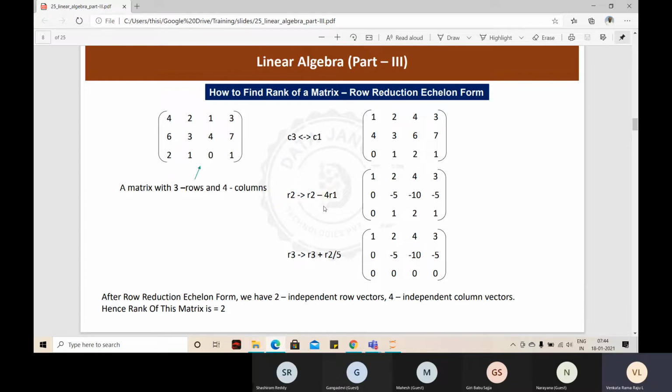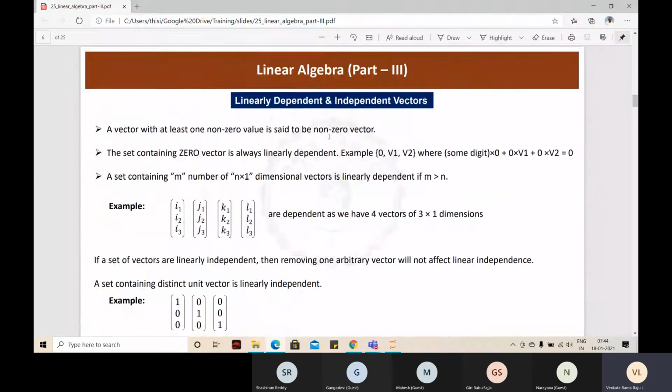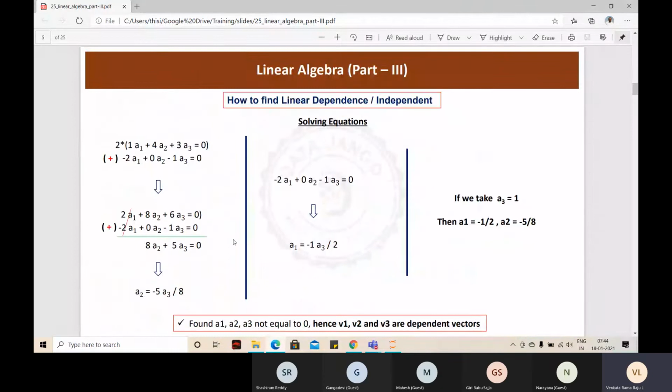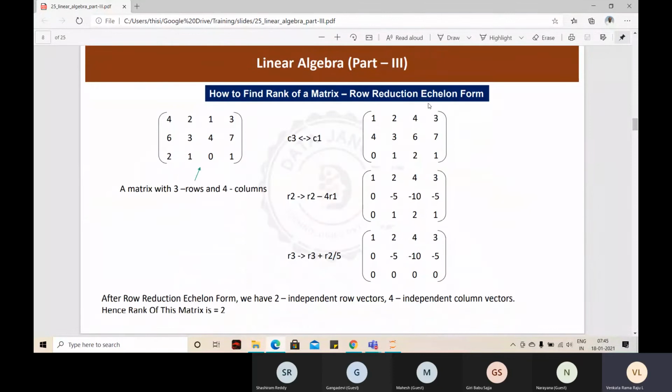Okay, so here we tried to solve the equations, finding the coefficients. The same thing I am doing using row reduction echelon form. Basically, we are solving equations only. We switched the third column to the first column, and then multiplied the first row by 4 and subtracted it from R2.